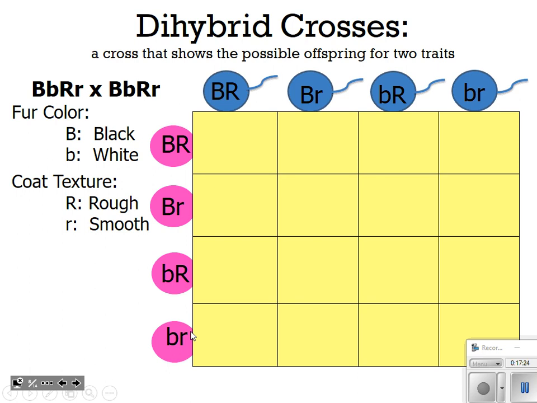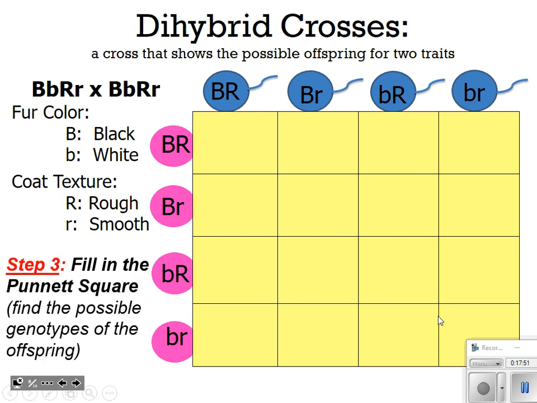How many boxes are on this cross right here? 4 up, 4 across, so that's going to give me 16. So the most possible on a dihybrid cross is 16.